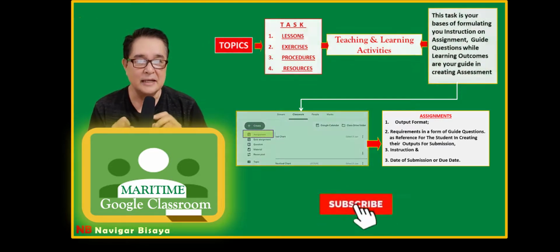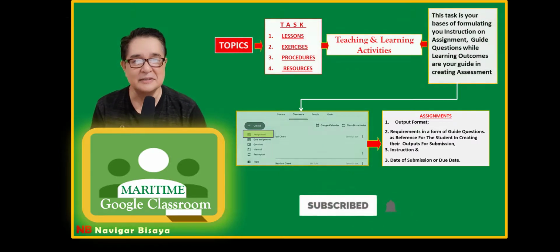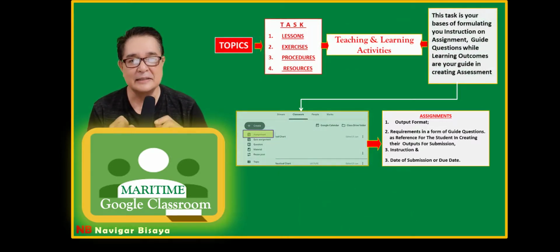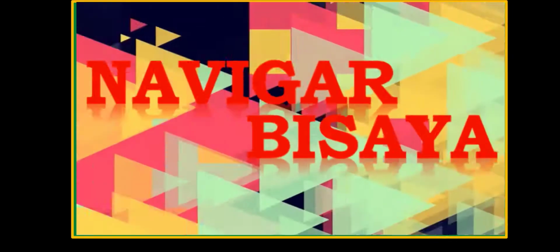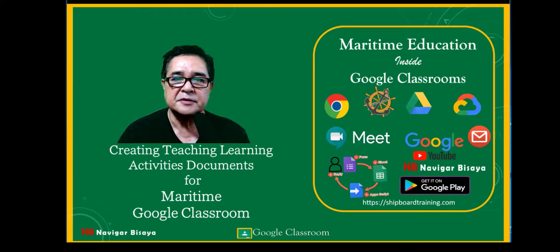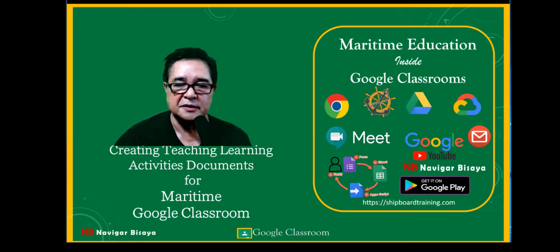So let's start creating that teaching and learning activity in the Google Classroom. This video covers the creation of the teaching and learning activities for Google Classroom up to the creation of the assignment. So let's start.